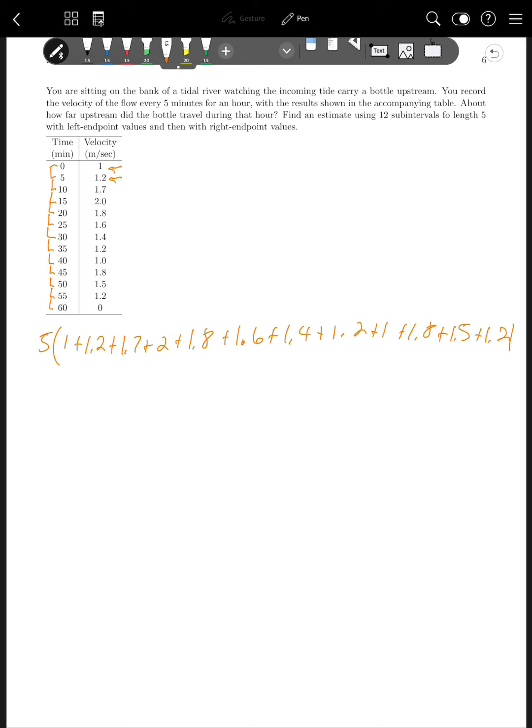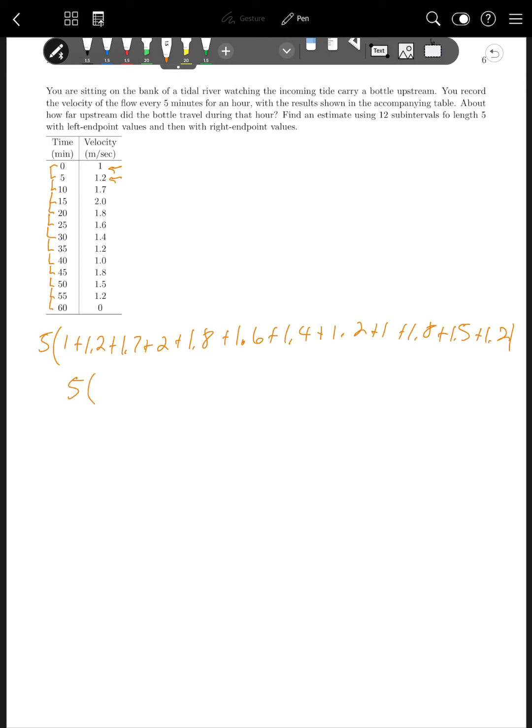So we do 1 plus 1.2 plus 1.7 plus 2 plus 1.8 plus 1.6 plus 1.4 plus 1.2 plus 1 plus 1.8 plus 1.5 plus 1.2. Okay, so we could add that up.